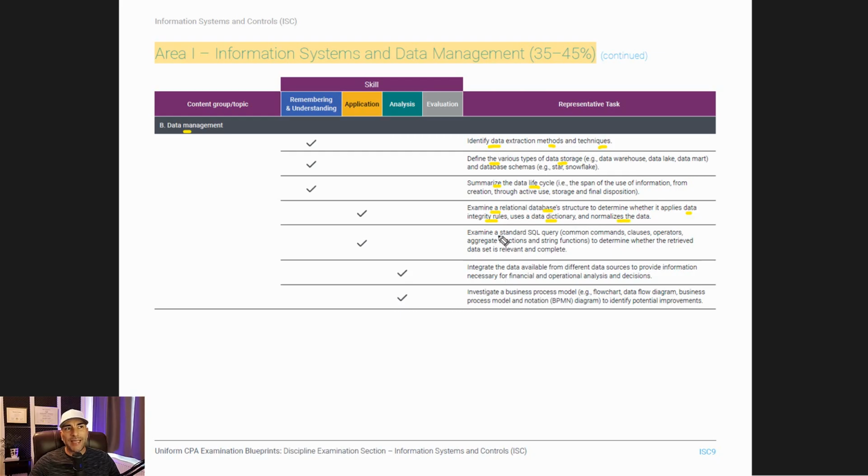You'll need to be able to examine a standard SQL query to determine whether its retrieved data set is relevant and complete. You'll need to be able to integrate the data available from different data sources to provide information necessary for financial and operational analysis and decisions. And you'll need to be able to investigate a business process model.